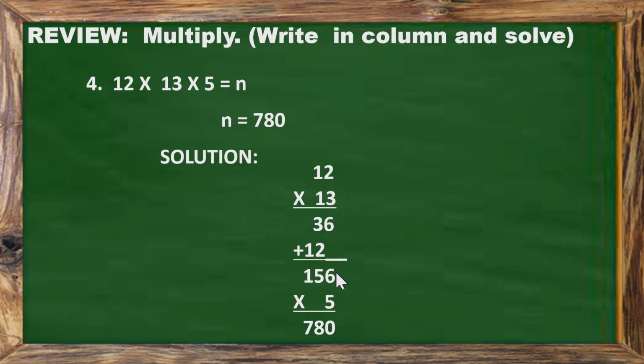Bring down 6. 3 plus 2, 5. Bring down 1. Times 5. So, 156 times 5. 6 times 5 is 30. Bring down 0. Carry 3. 5 times 5, 25 plus 3 is 28. Bring down 8, carry 2. 5 times 1 is 5 plus 2 is 7. So 12 times 13 times 5 is 780.